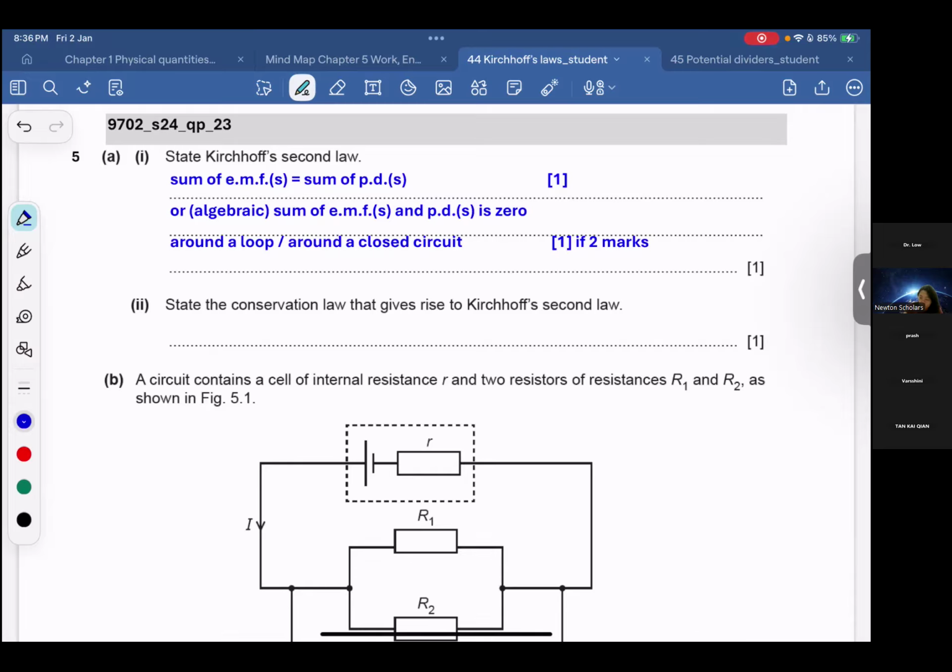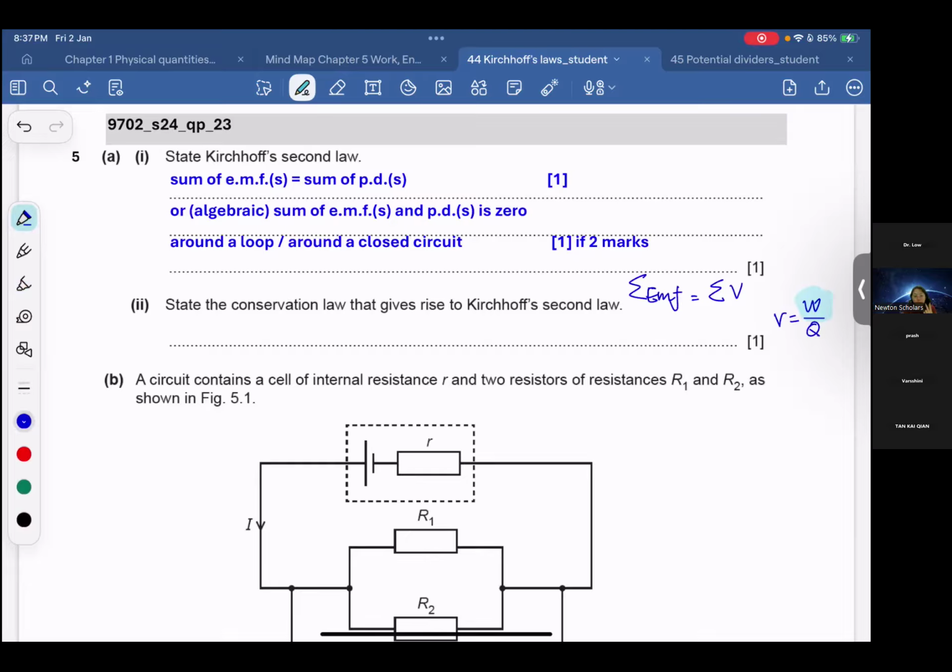It is about EMF equals potential difference, voltage. Voltage is actually work or energy divided by charge, right? So this is conservation of energy.